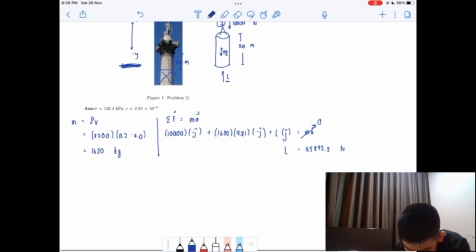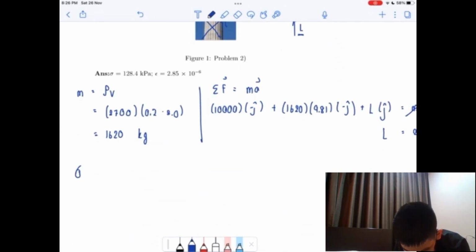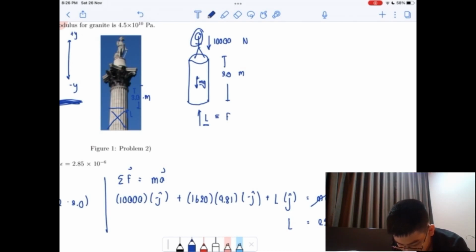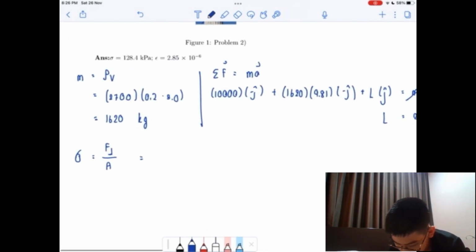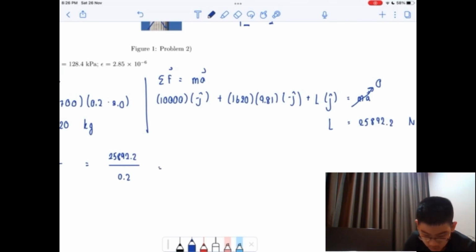Recall that after all, we want to find the compressive stress at a cross section. So what is stress? Stress is equal to the perpendicular force divided by area. The perpendicular force in this case is equal to L, the internal load. So it equals this number divided by the surface area of 0.2.